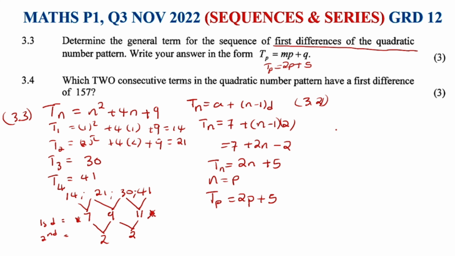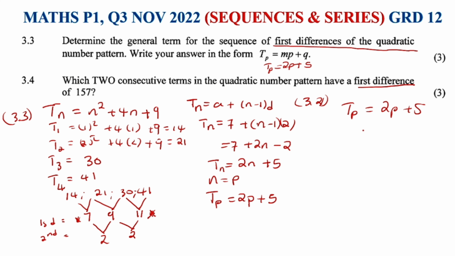So we're going to say, in the first difference, they're referring to the first difference. So the first difference general formula is given by Tp is equal to 2p plus 5. If you are confused, guys, please check the video on number patterns on this channel. We've already uploaded it so that you are able to understand, because now we're busy with the past paper, so that you don't get lost.